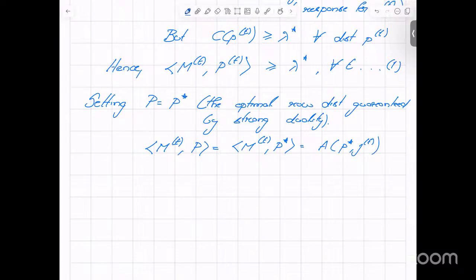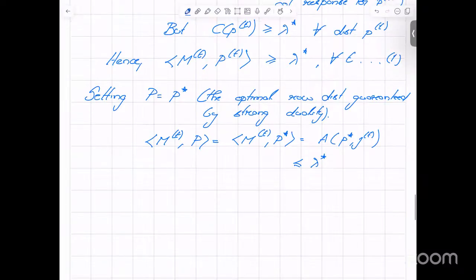Notice this is always upper bounded by lambda star, because J_t is there's a J star which will maximize this. This is a smaller response rate, so therefore this is upper bounded by lambda star. That's 2.